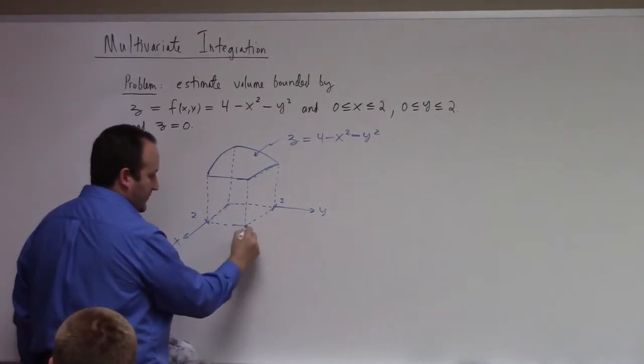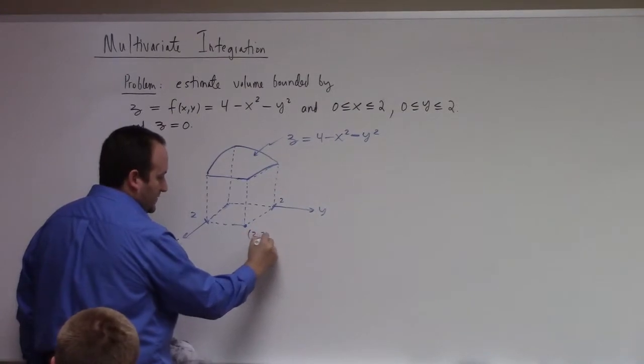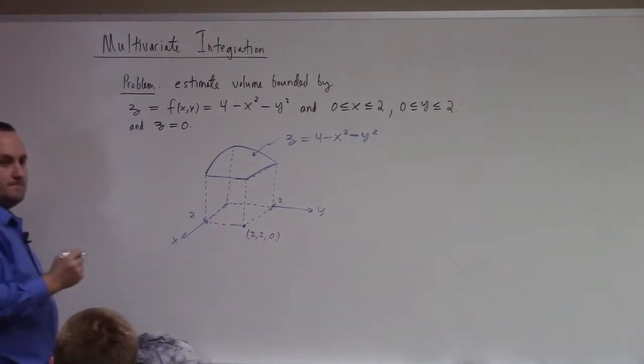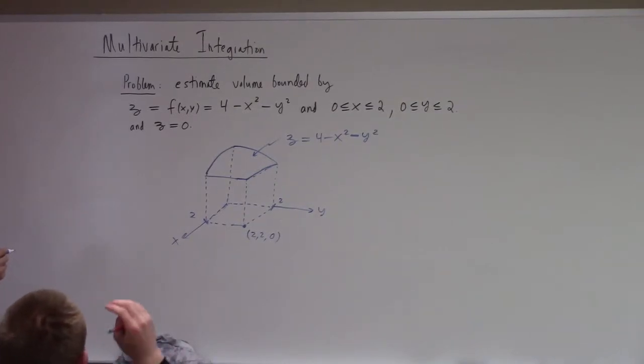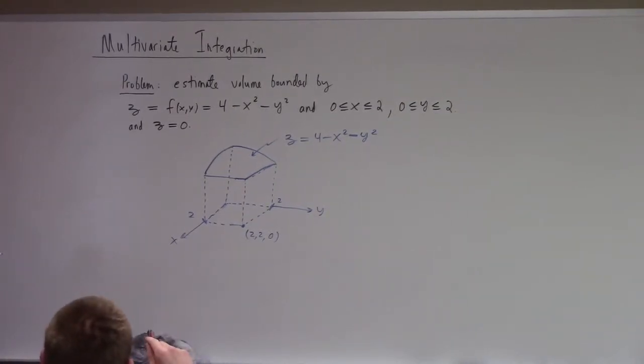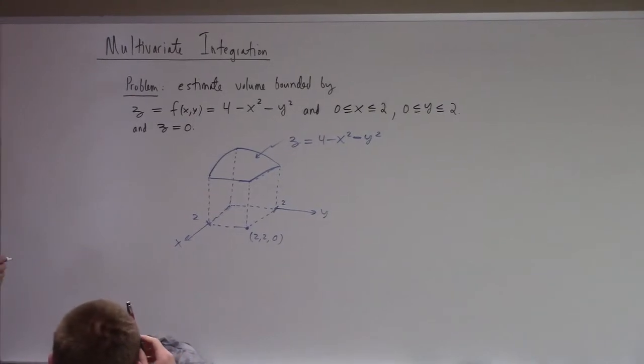This point would be 2, 2, 0. Yep. Is it 2, 2, 0 on your original function? Uh-oh. I think Luke has a good point. What's 4 minus 4 minus 4?